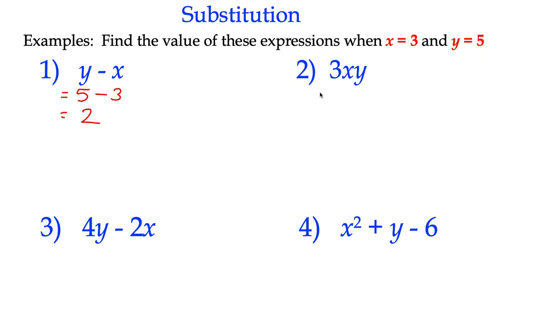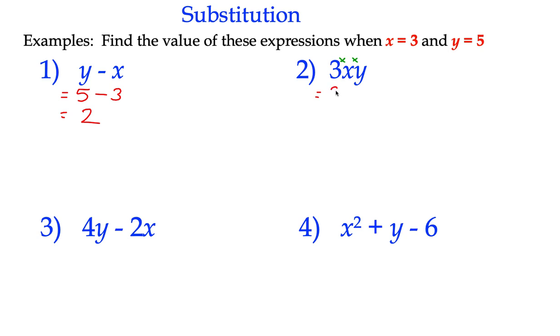Have a look at number 2. What do you reckon with that? We've got 3xy. Everything's together. It's not clear what the operations are until you remember that if there are no operation signs between them, then we've got multiplication. So it's always worth remembering in algebra that if the numbers and letters are right next to each other, then we're dealing with multiplication.